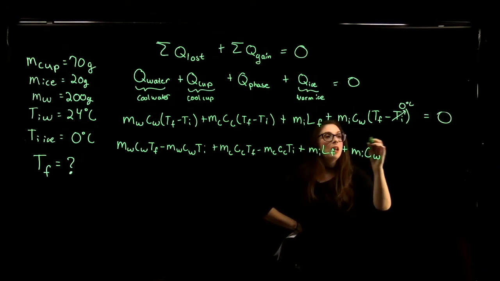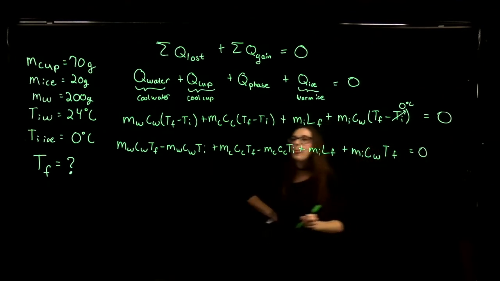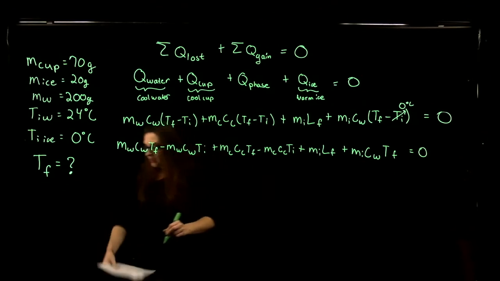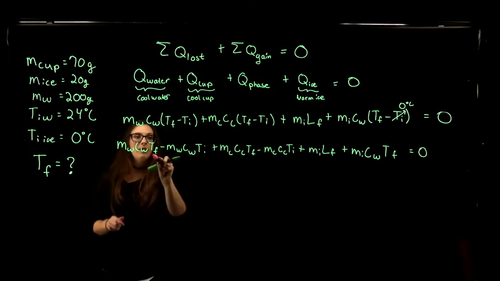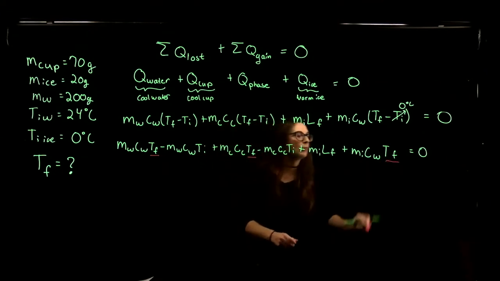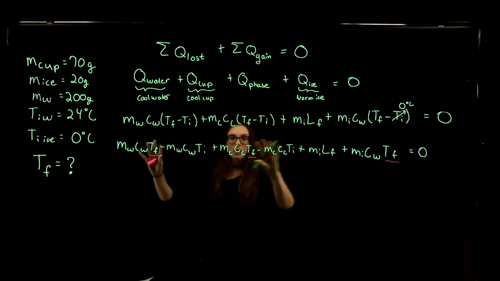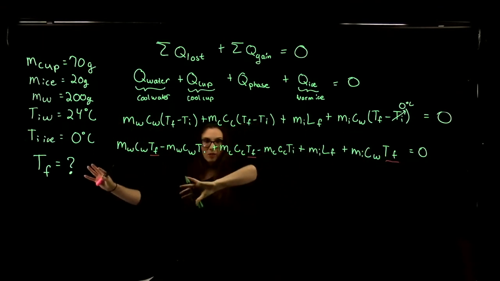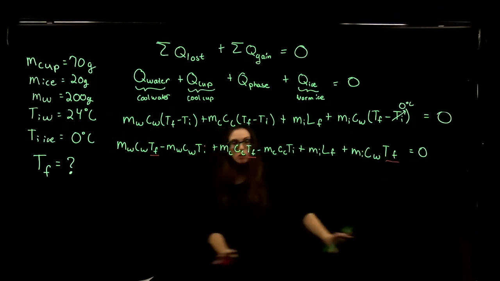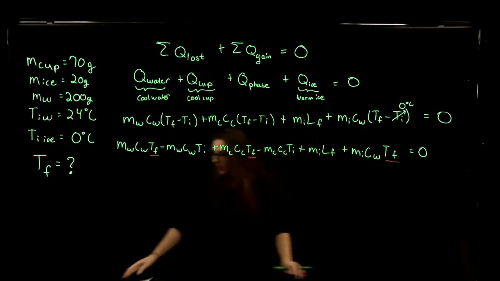And that has to equal 0. I've got this term with T final, this term with T final, this term with T final. So I'm going to keep all of these terms with T final on the left side of my equation and put all of the terms that don't have T final in them on the right side of the equal sign.